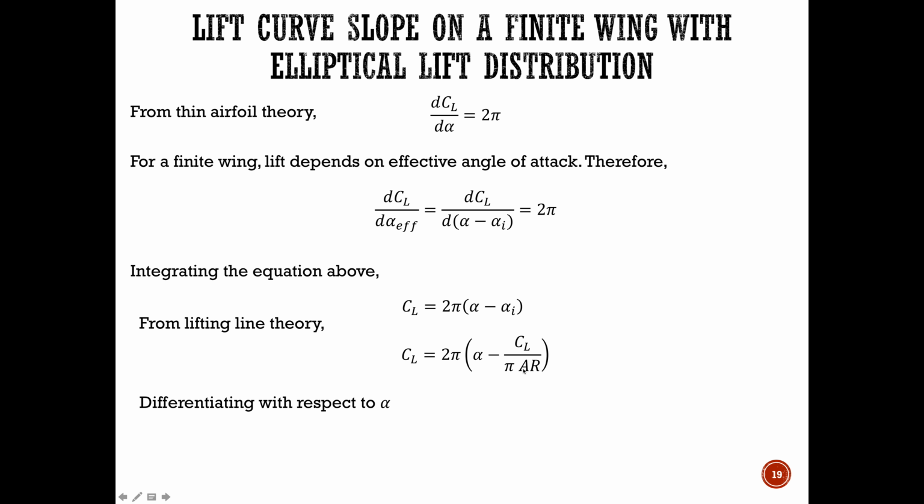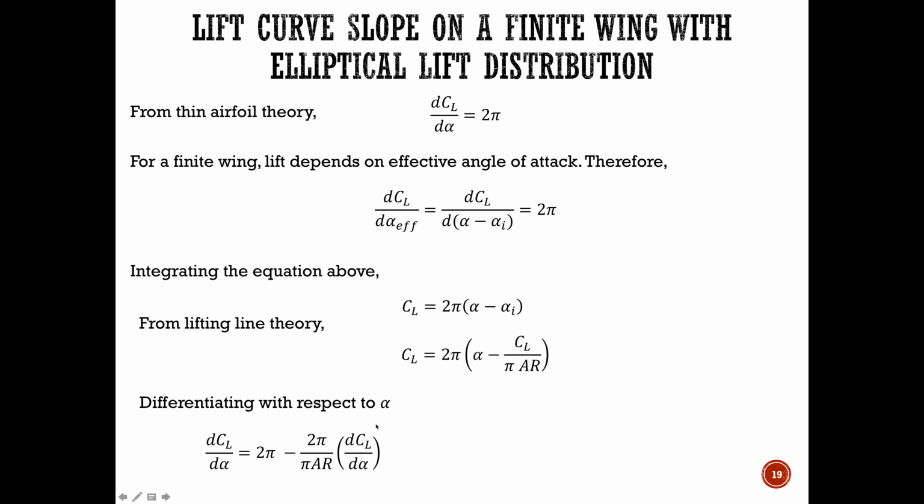Now let's differentiate that with respect to alpha, and you will get this. So dCl by d alpha: 2 pi alpha will become just 2 pi, and 2 pi times this term here will be the same terms, but you have Cl, so you have to differentiate that with respect to alpha. So you have 2 pi minus 2 pi by pi AR times dCl by d alpha.